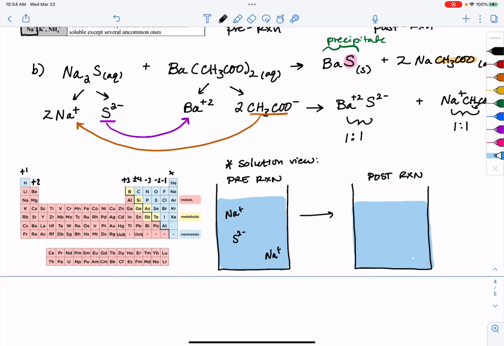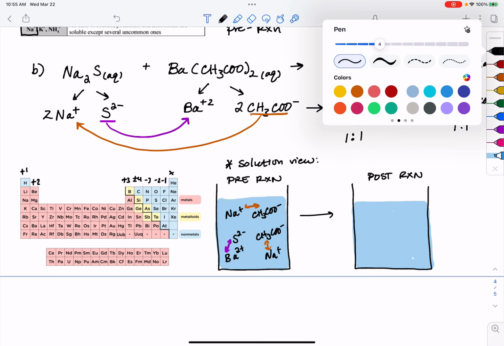And then I have my barium 2 plus ion, and then 2 acetate ions. And we know that the ion association that's going to happen is the one between barium and sulfide, and then each of our sodium and acetate, right? That's the double displacement.